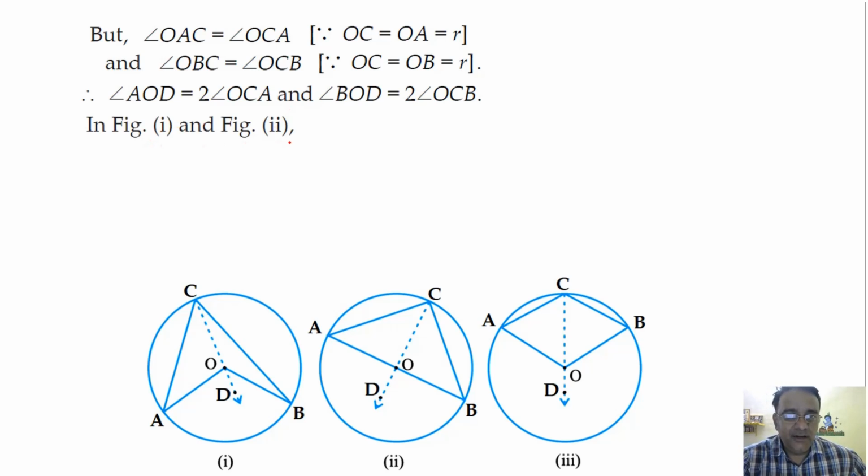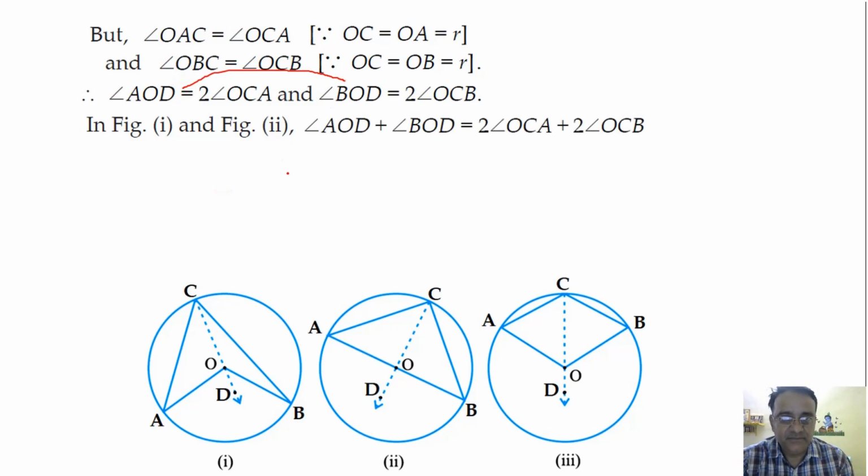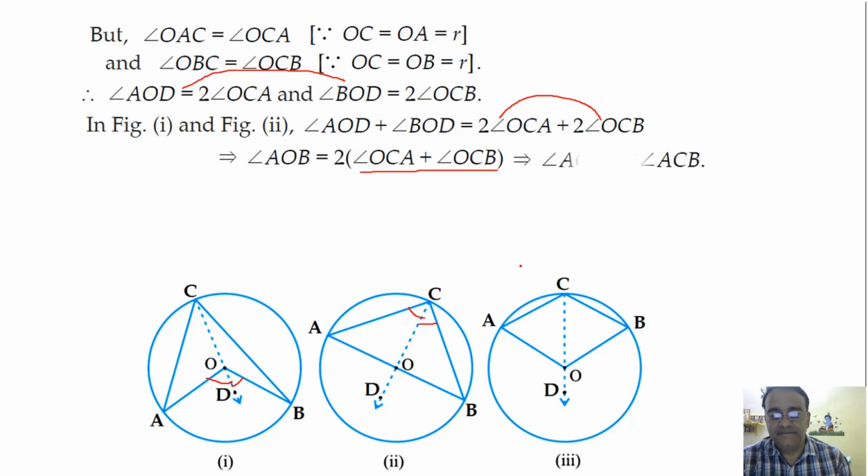Okay. Now in figure 1 and 2, if we add these two, what we will get? Adding angle AOD and angle BOD, we get angle AOB, right? And if we take 2 common from these two, and add these two angles, this one and this one, we'll get angle ACB.